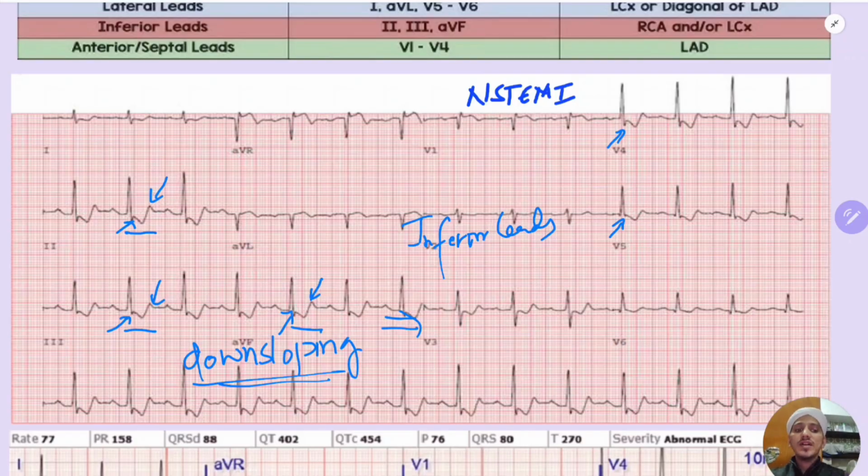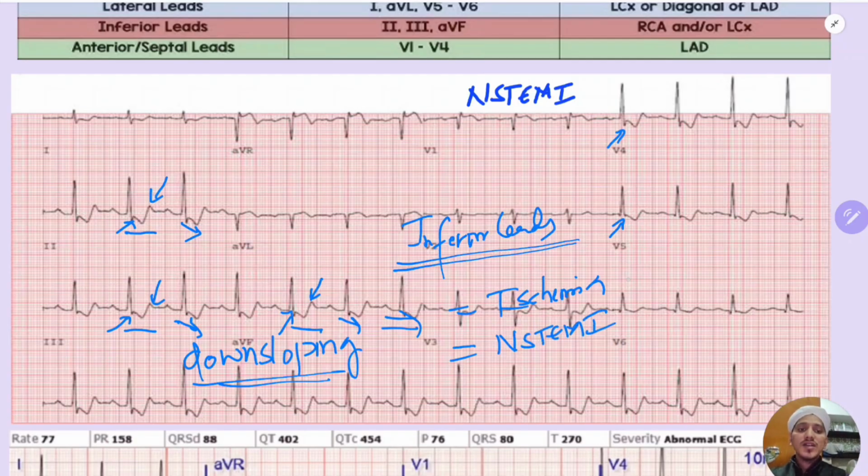If it is upsloping ST segment depression, then it is not ischemic, it is mostly benign. Here there is downsloping ST segment depression. So what conclusion do you draw from this? Either it can be ischemia, or it can be NSTEMI, non-ST segment elevation myocardial infarction.